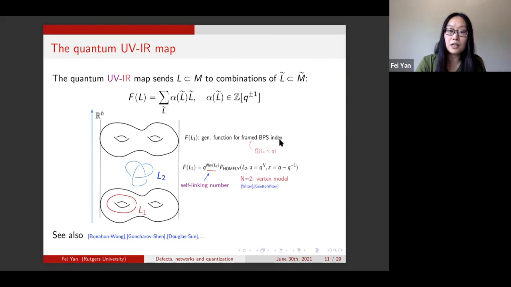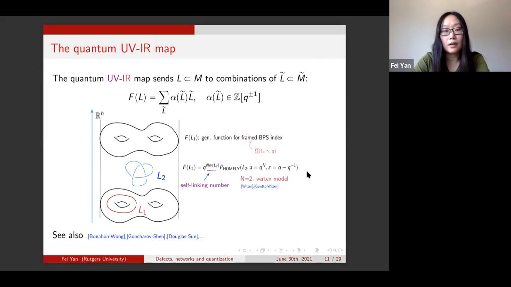A second special limit is a case where the link L is small. What do I mean by small? By small, I mean you could literally put L inside some three-ball. For example, just this little trivial knot here, it doesn't wrap any nontrivial cycles on C times R. And in this case, the quantum UV-IR map will compute for you this particular one-parameter limit of the HOMFLY polynomial.